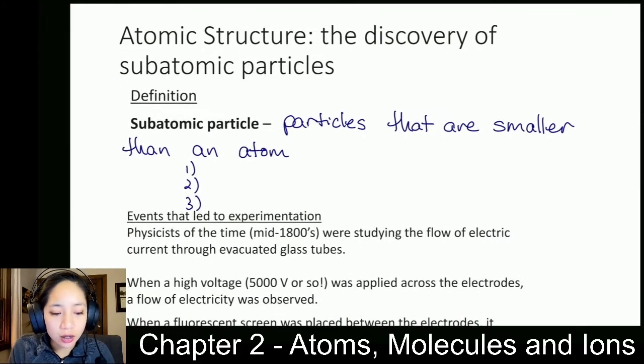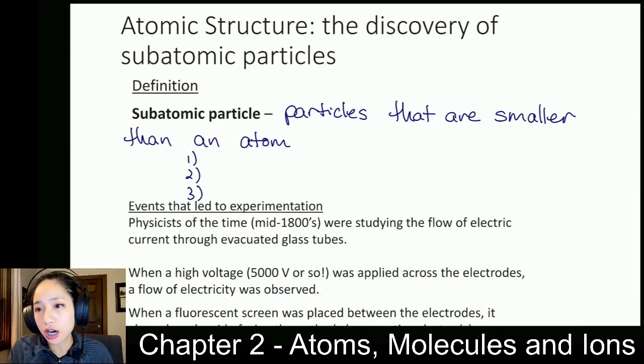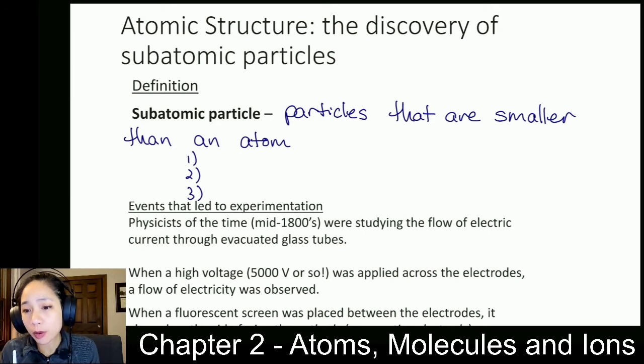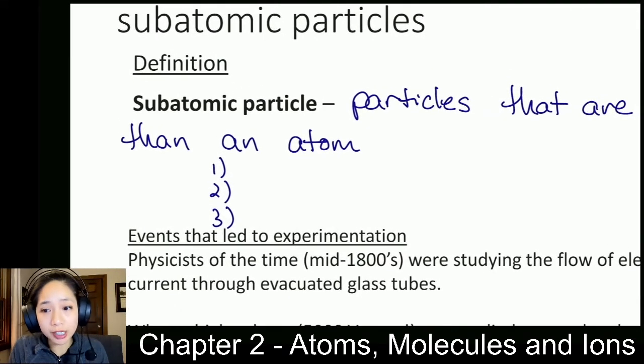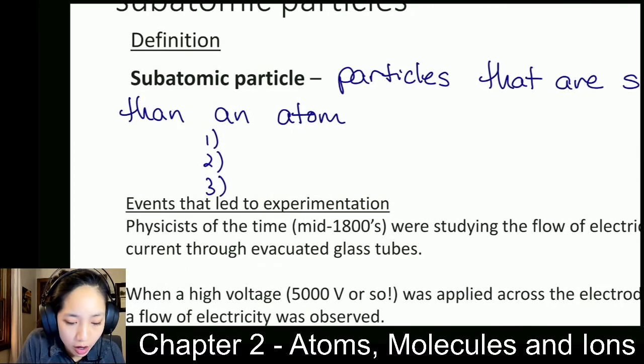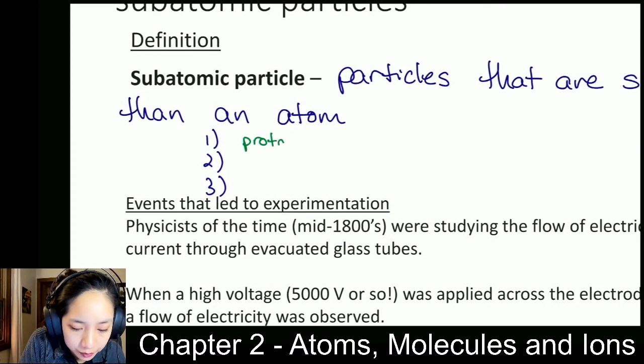All right, so now let's talk about atomic structure and those subatomic particles, the components that make up an atom. A subatomic particle is a particle that is smaller than a single atom. The three subatomic particles that we will talk about in this course at length are protons, electrons, and neutrons.